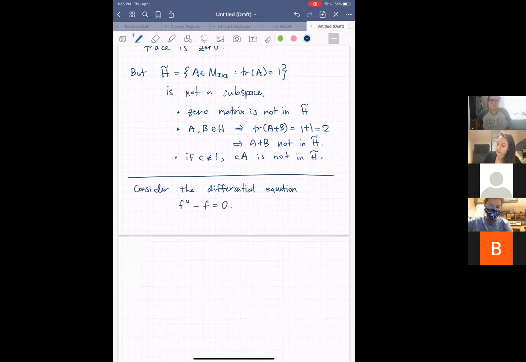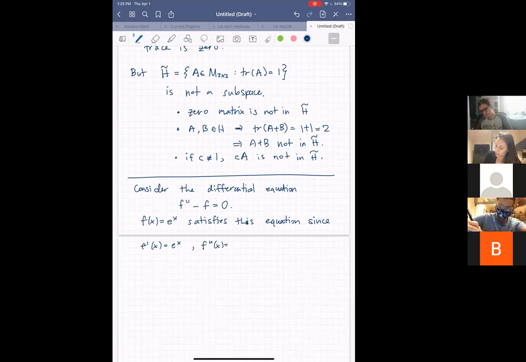And you can check that the function e to the x satisfies this equation, since we can just compute f prime equals e to the x and f double prime is also e to the x.